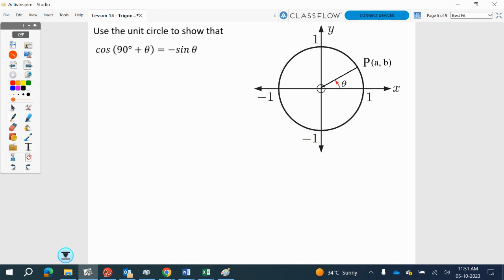How is it even possible that the cosine of this is minus b? This is the short side.